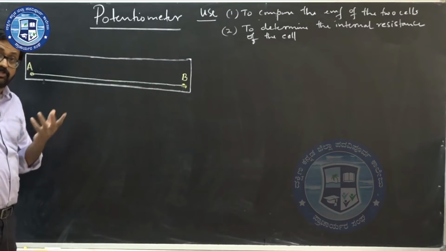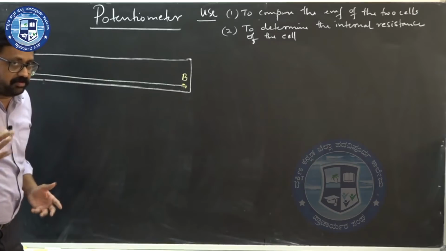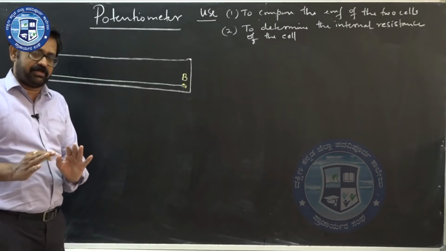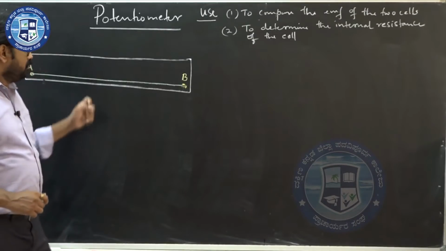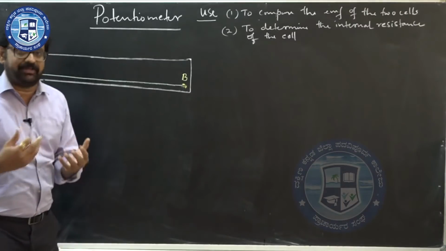We can even have an instrument where the wire is of length 4 meter, but in my explanation I will stick to a potentiometer having a wire of length only 1 meter. This wire is not a copper wire, it is not a single metal, it is an alloy.